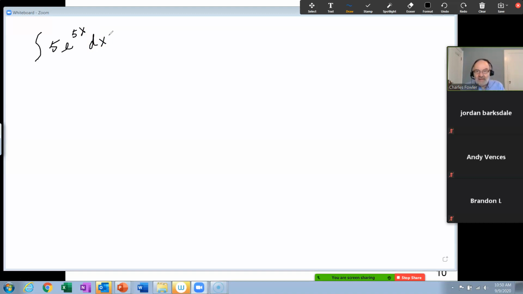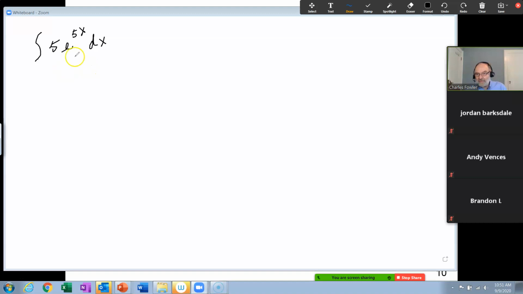Now, we do have a composite function here. It's the exponential function, but its argument here is a product function. So, if you're trying to go for a u substitution, which looks like a good idea here, let u be the innermost part of the most complicated part of the problem.